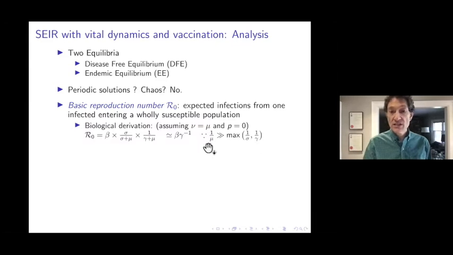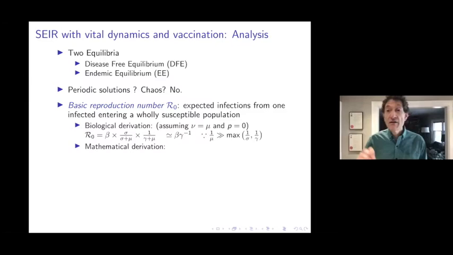Okay, so because the mean lifetime 1/mu is much greater than the mean latent period and the mean infectious period, it's approximately beta gamma inverse. We can also derive this quantity mathematically by asking what the boundary is for stability of this endemic equilibrium.